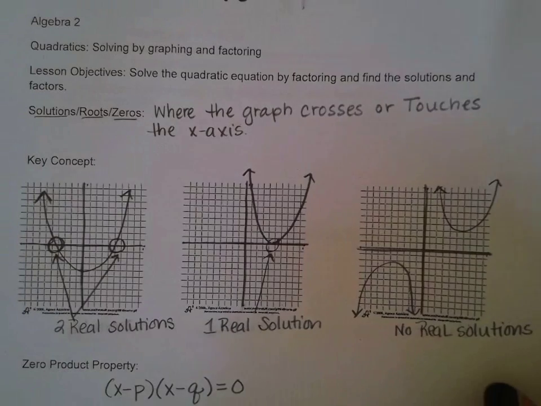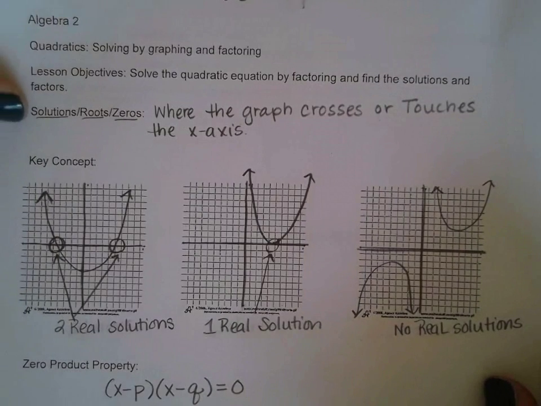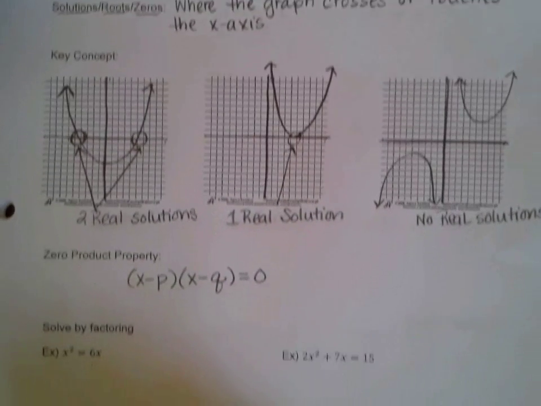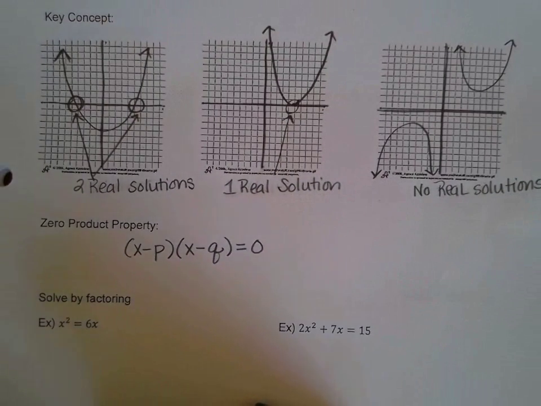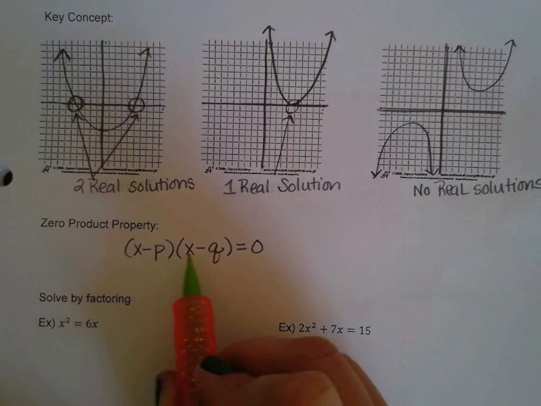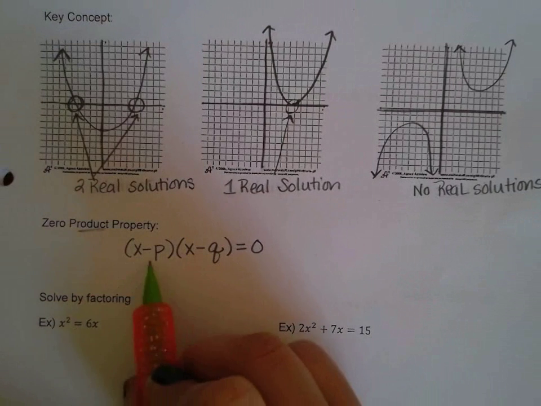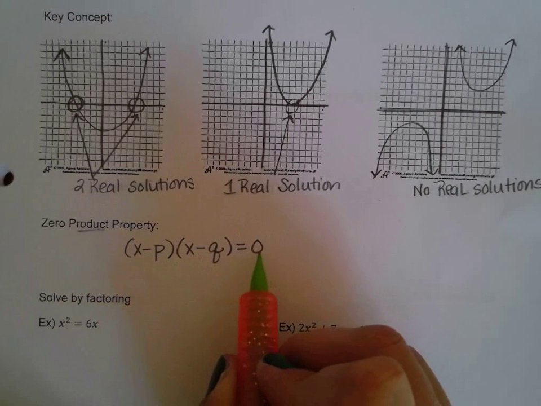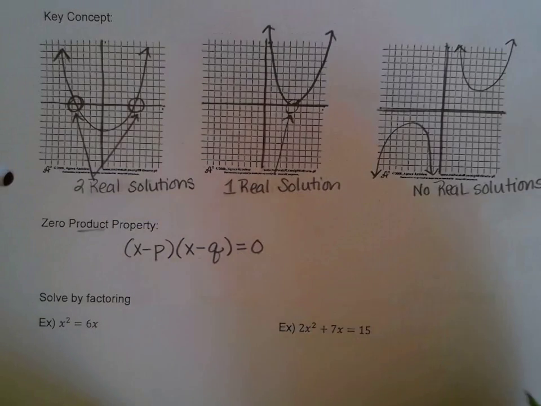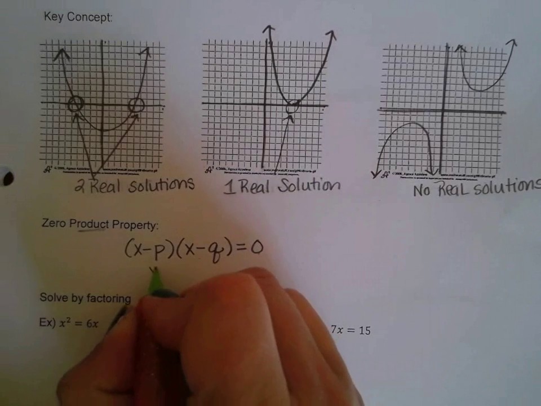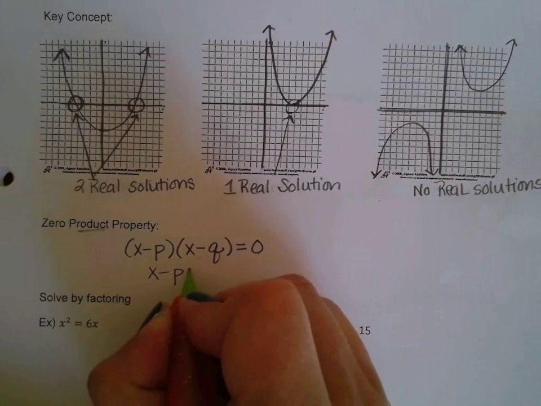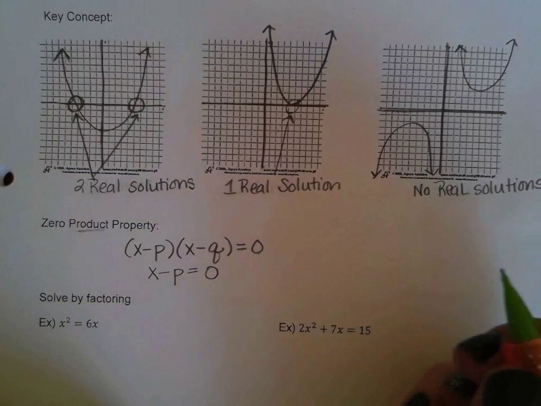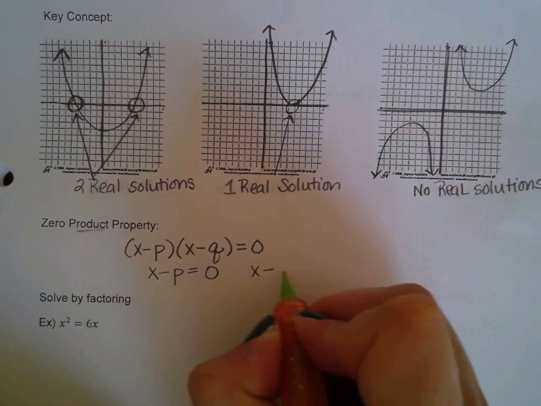In order to find them algebraically, you need to know something called the zero product property. For the zero product property, a product means multiplication. So if we have two things that are being multiplied together and they equal 0, we're allowed to break this up and say that each one of those parentheses, each one of those factors, to bring us back to Unit 2, can be set equal to 0.